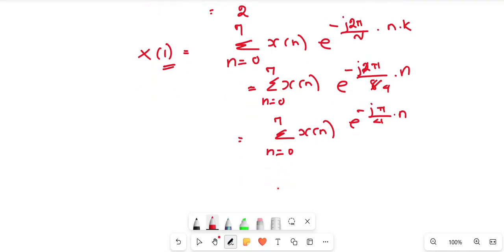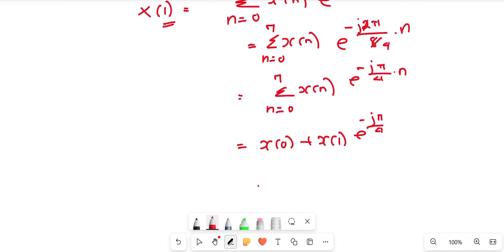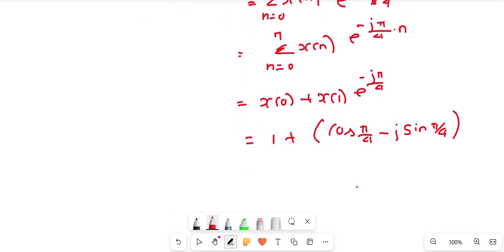So for n equal to 0 we get 1, plus x of 1 into e power minus j pi by 4, which we can write as cos pi by 4 minus j sin pi by 4. So we will get 1 plus 1 by root 2 minus j 1 by root 2.